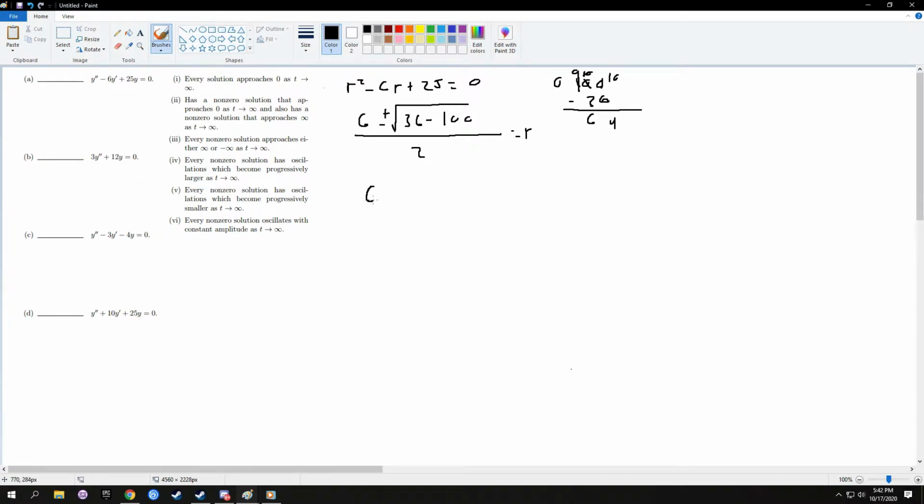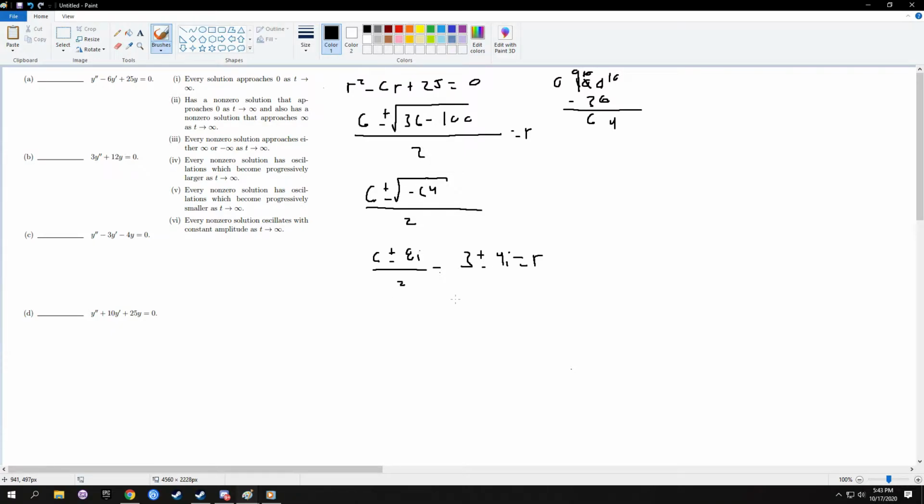So this becomes 6 plus or minus the square root of negative 64, all divided by 2. Let me simplify this down. The radical becomes 8i, so it's 6 plus or minus 8i divided by 2, and this now becomes 3 plus or minus 4i equals r. Now I want to write my general equation.